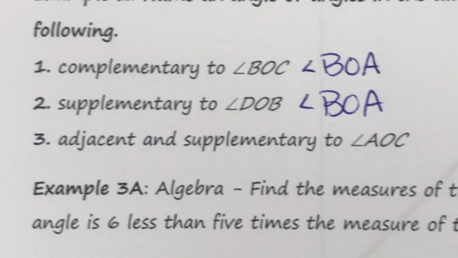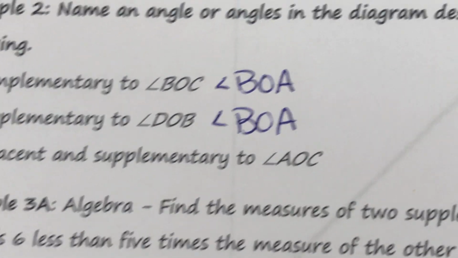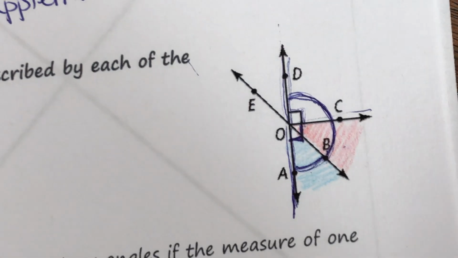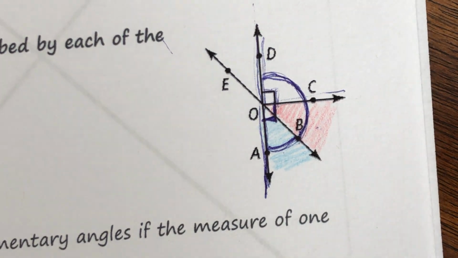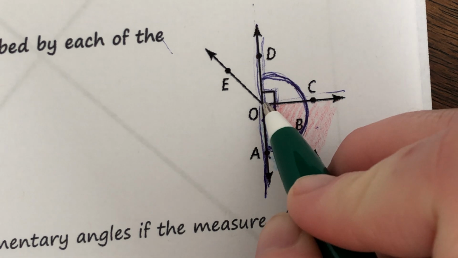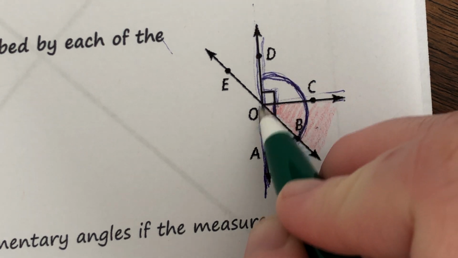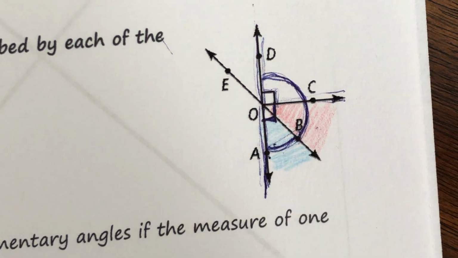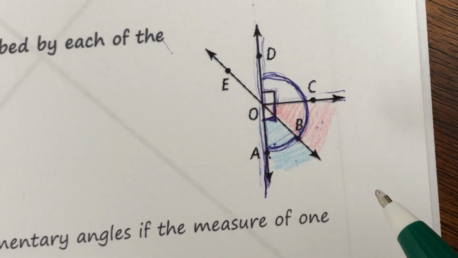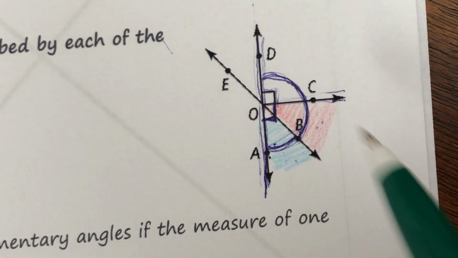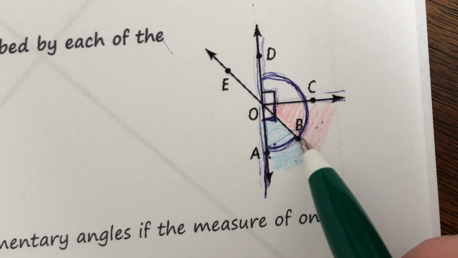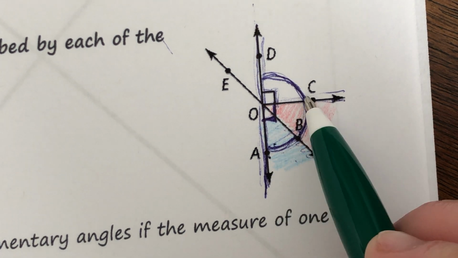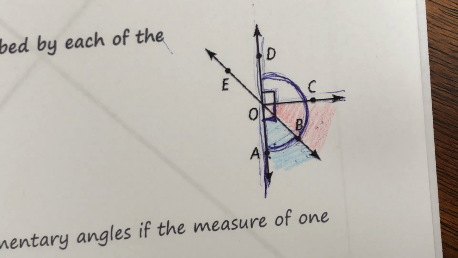And then third, adjacent and supplementary to angle AOC. Here's A, here's O, here's C. So it's this right angle here that we talked about in the first one, the red and the blue together. It has to be adjacent and supplementary. So if we ignore this little line and think of this whole angle, what angle is right next to it?